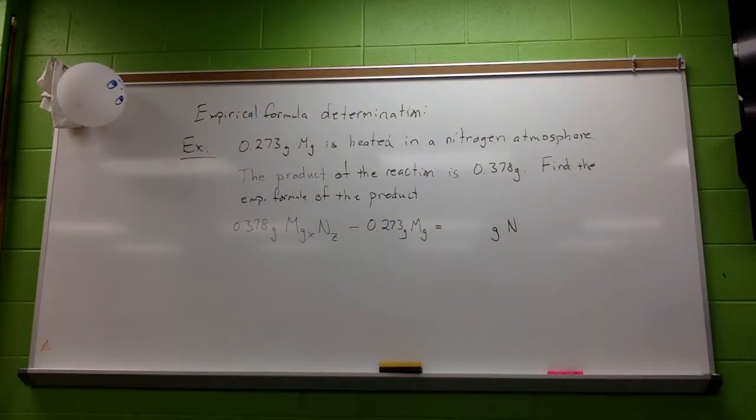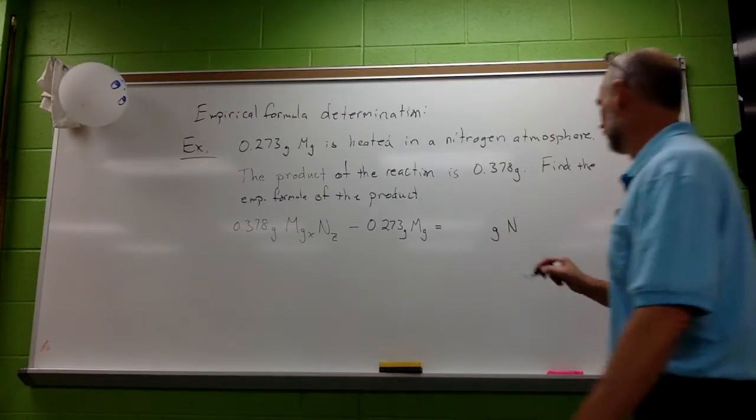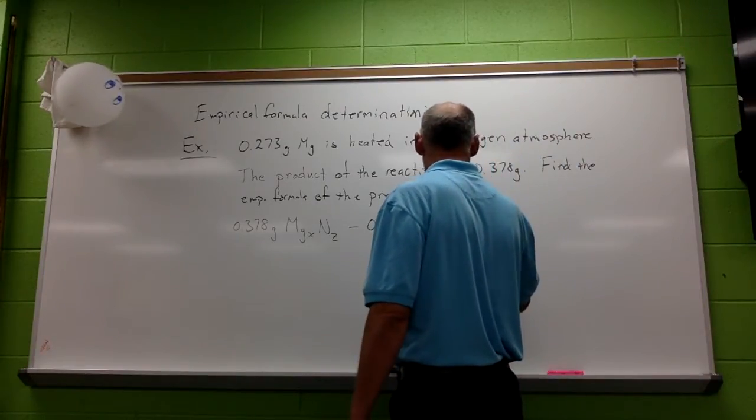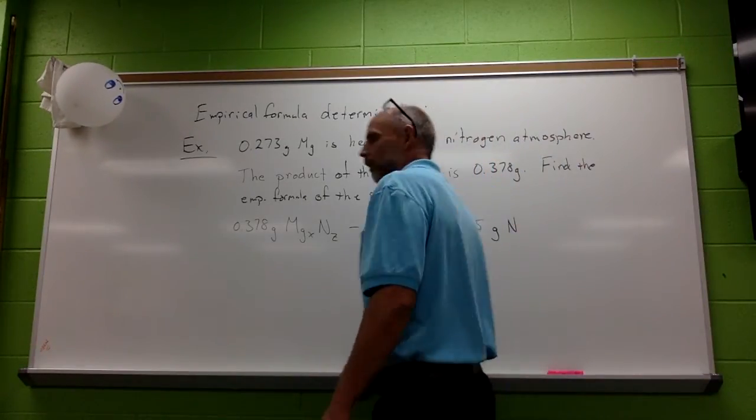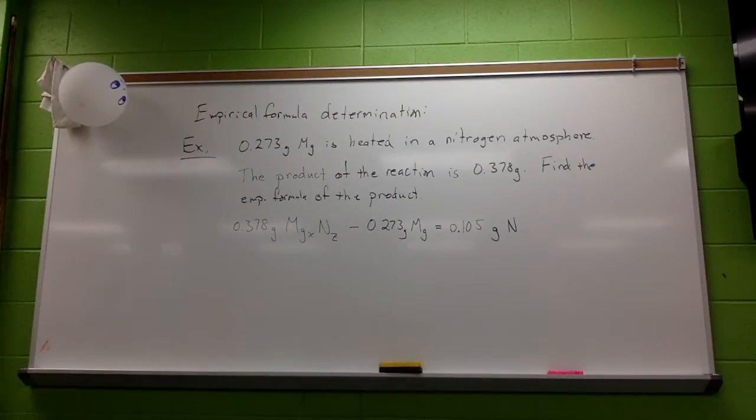I know. 0.105 grams of nitrogen. Now, does anyone remember what we do with this information when we're doing empirical formulas? Got Morgan. And that's the first step. And anybody can throw in the next step.